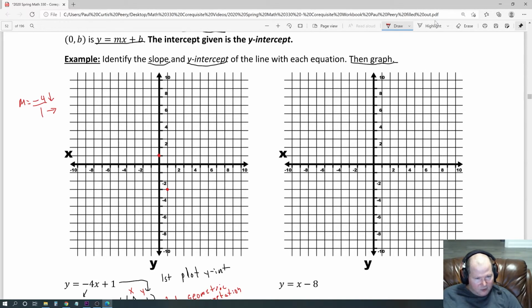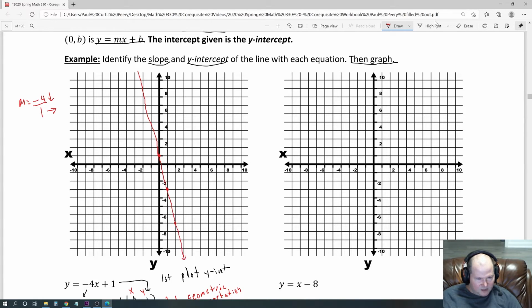We can even do it again if we want to be a little more thorough and have more points: 1, 2, 3, 4 over 1. We can do it over and over again if we want to. And what you would end up with, if you did it that way, is something. Oh my gosh. I'm trying to draw a straight line.